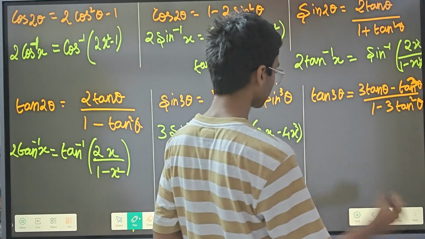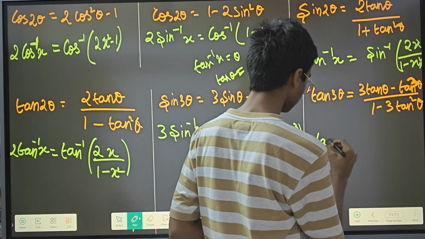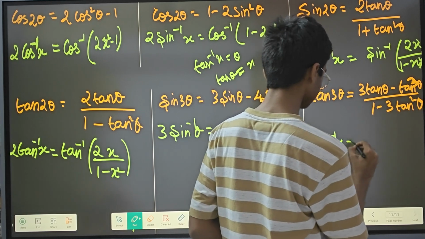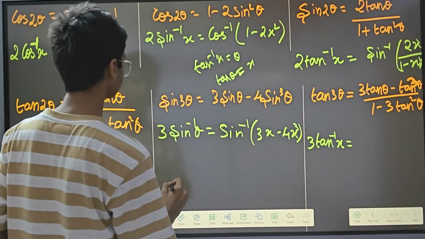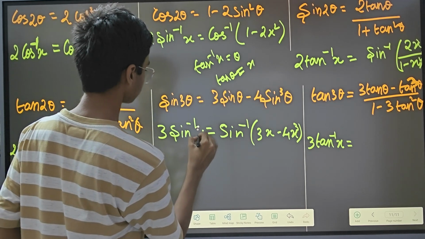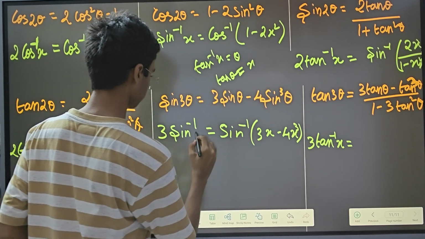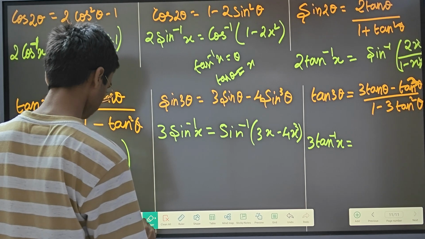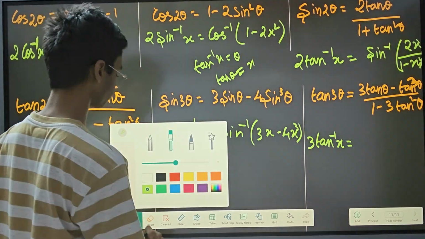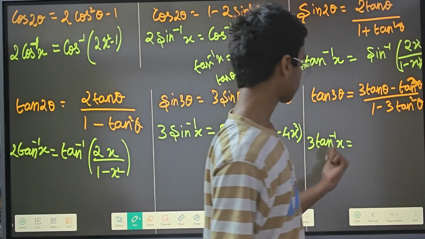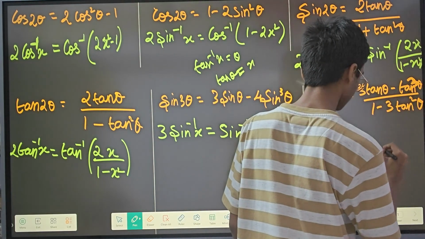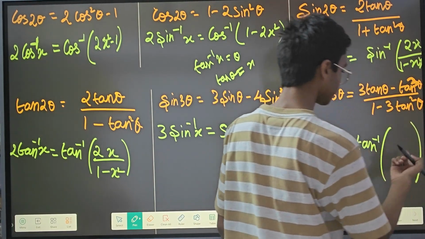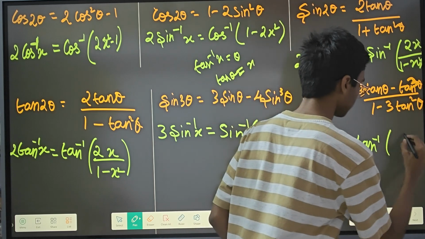Here you will get 3 tan inverse x is equal to tan inverse of, and what should be written in the bracket?